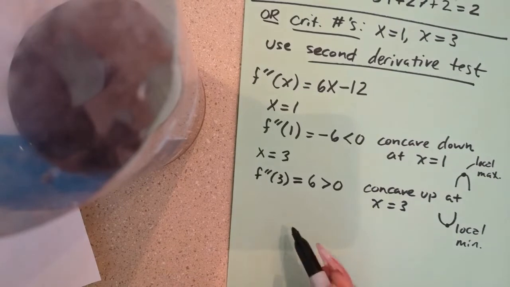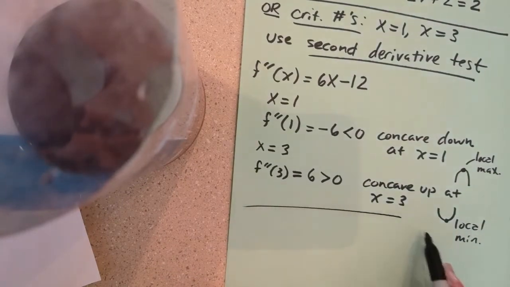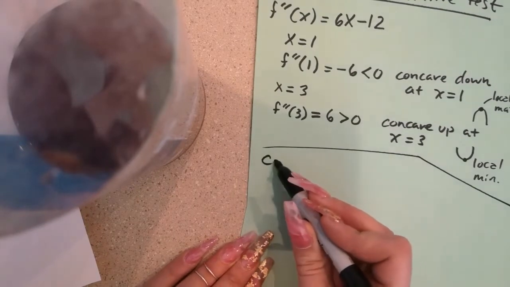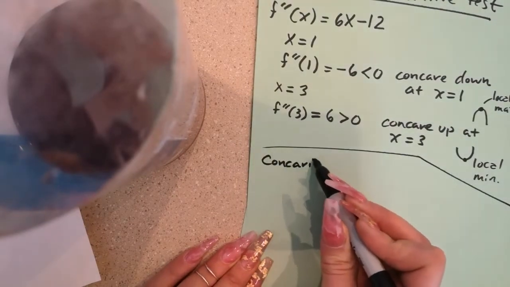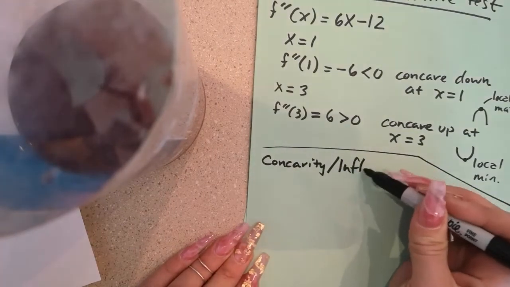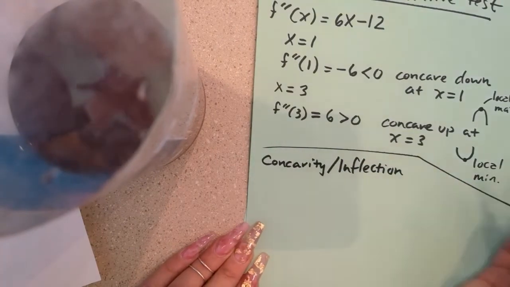So what else can I do with the second derivative? Well, remember the other thing I could do with that second derivative is I could look at the concavity of the graph and look for inflection points.